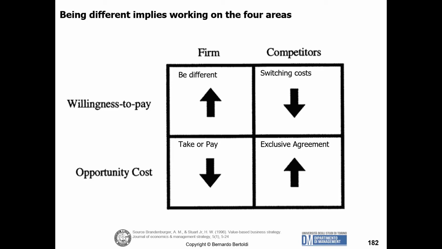But let's look also at the opportunity cost. For example, a take or pay agreement is something that is lowering the opportunity cost of dealing with you. Take or pay is a contract that a firm can make with one of its suppliers, saying, I will pay for the specific investment you must make to operate with me, to serve me, and I will pay this little by little on the volumes you will sell me.